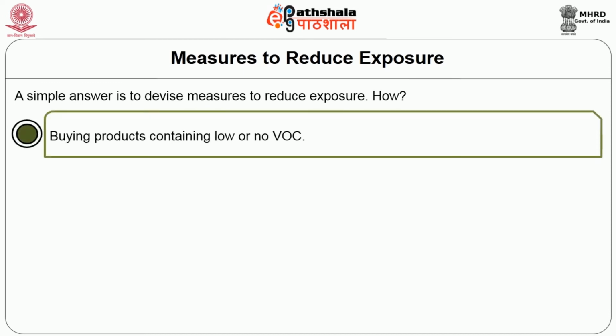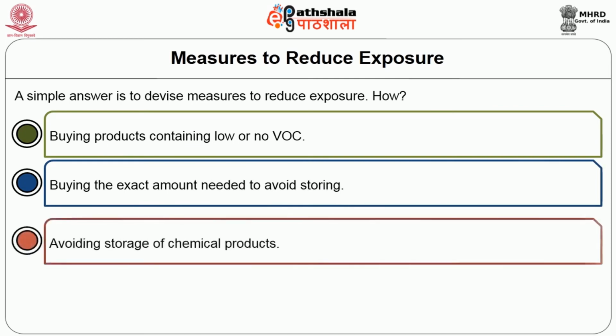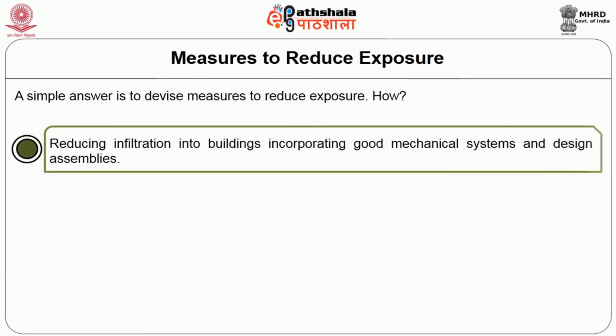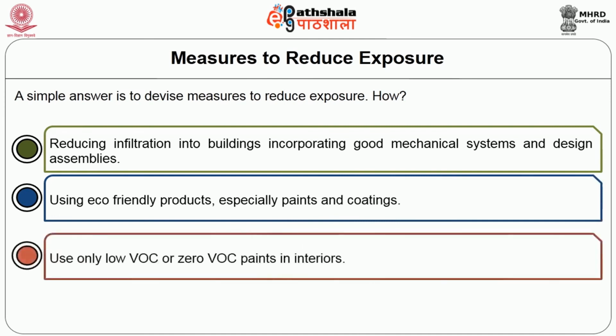Buying products containing low or no VOC, buying the exact amount needed to avoid storing, avoiding storage of chemical products, providing well-ventilated areas where products containing VOCs are used, reducing infiltration into buildings, incorporating good mechanical systems and design assemblies, using eco-friendly products, especially paints and coatings, using only low VOC or zero VOC paints in interiors.